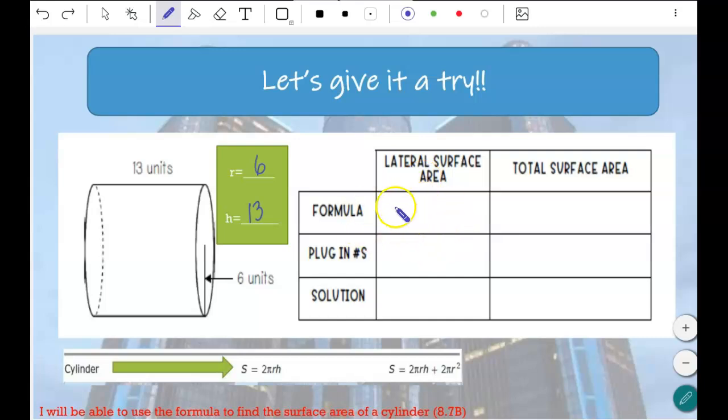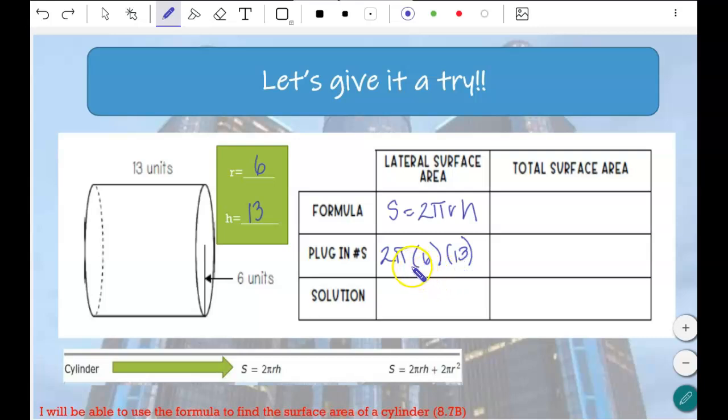So our formula for lateral is 2 pi r h. Let's go ahead and complete that. It doesn't say to use 3.14, so we'll just leave pi in there. The radius is 6. The height is 13.